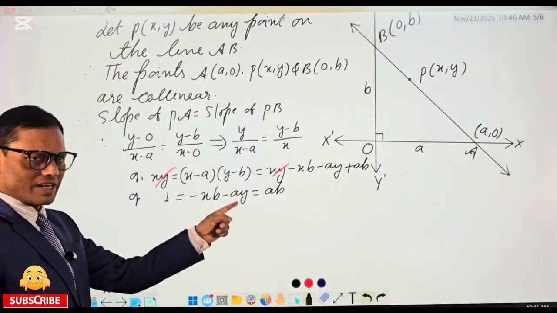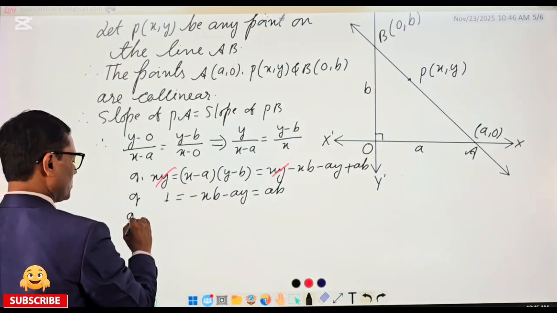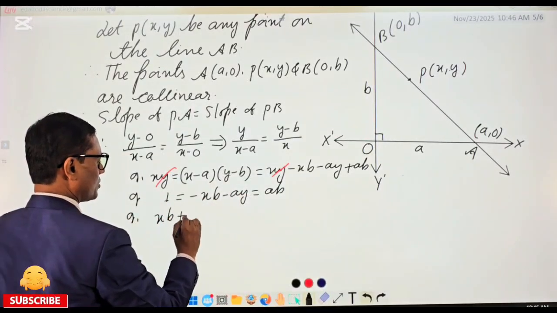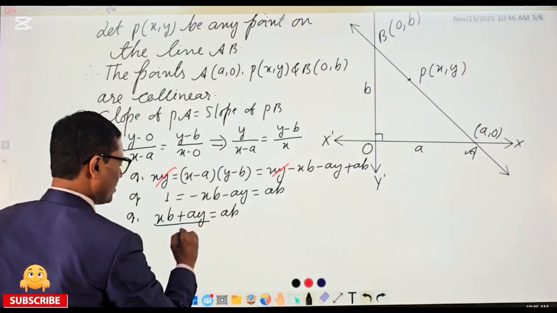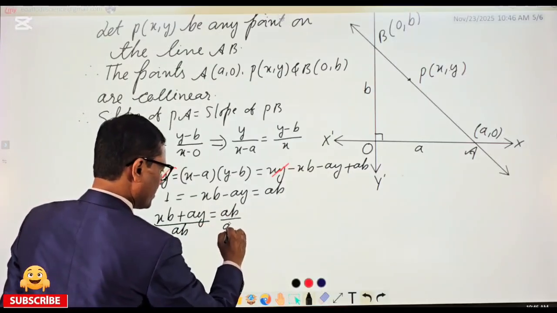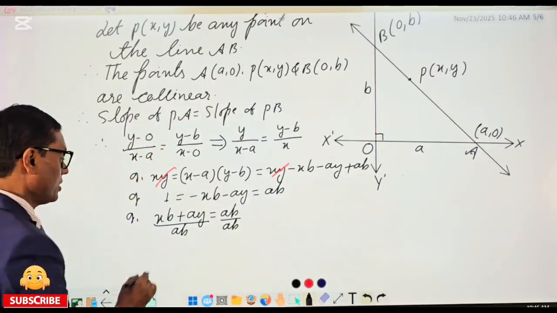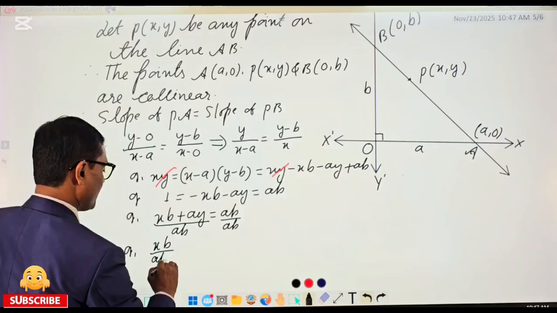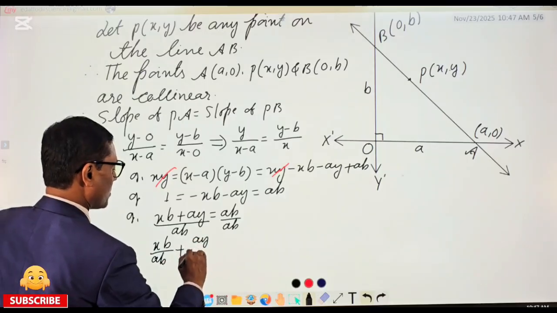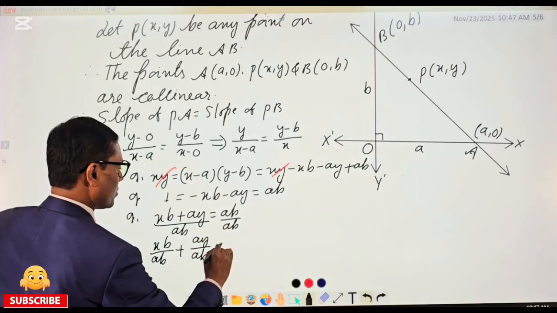Now take minus xb and minus ay to the left side. Then we have here xb plus ay equals ab, and let's divide both sides by ab here. Yes, can we divide? We can write down dividing both sides by ab. Then separating the terms, we have xb by ab plus ay by ab equals 1.